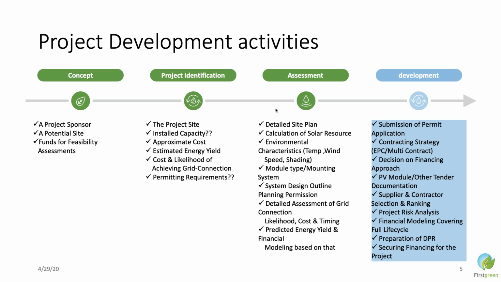Those things have already been done for your project, but this is the phase when you will enter a much more detailed analysis. You will also do the DPR preparation at this phase, and you will actually achieve financial closure at the end of phase 2. So we will be doing all the activities which are required to complete till financial closure.